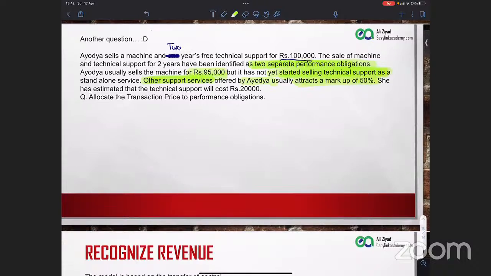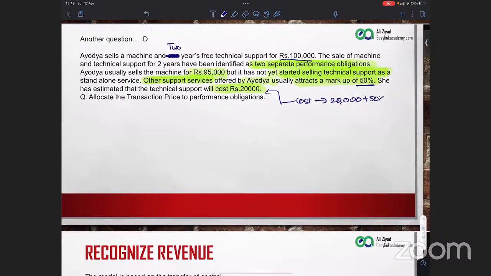She has estimated that technical support will cost 20,000 rupees. Now look at this, guys. Ayodhya is planning to sell technical support service separately. So far, she has not sold. However, we know the cost of providing that service is 20,000 rupees. And normally, on any other services, she keeps a markup of 50%.